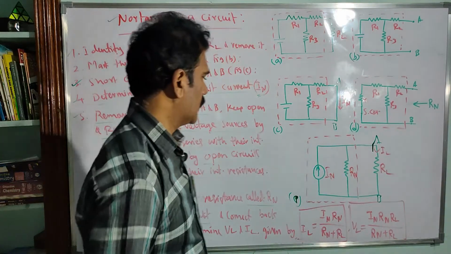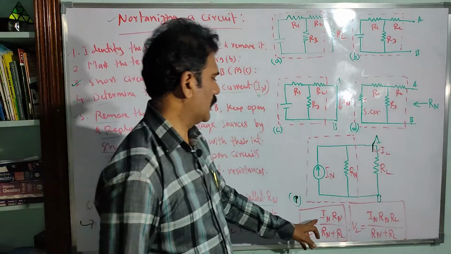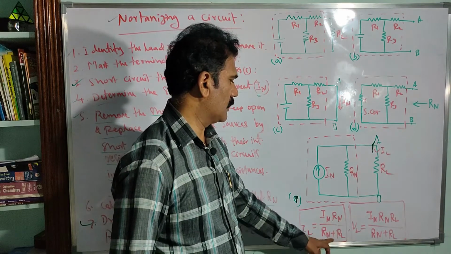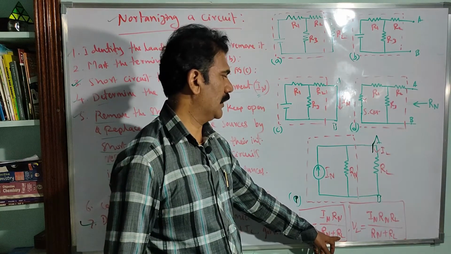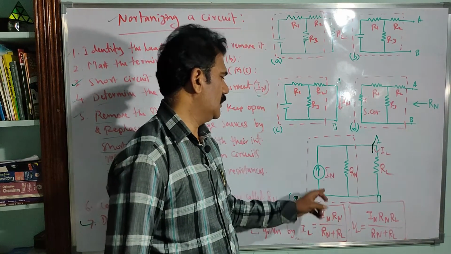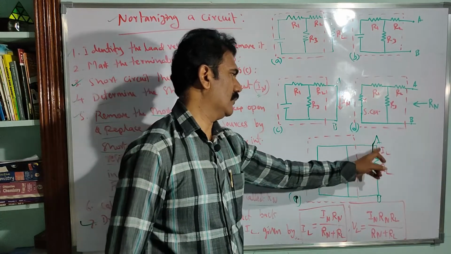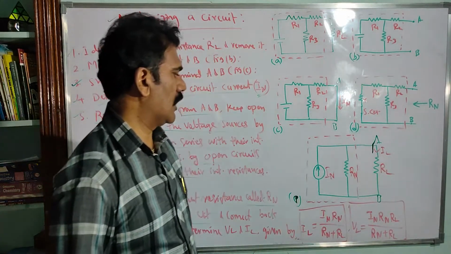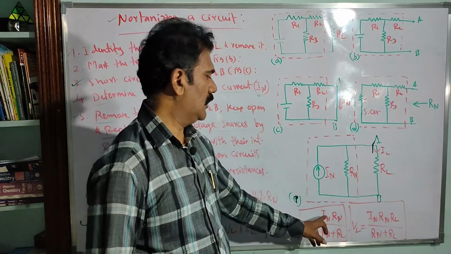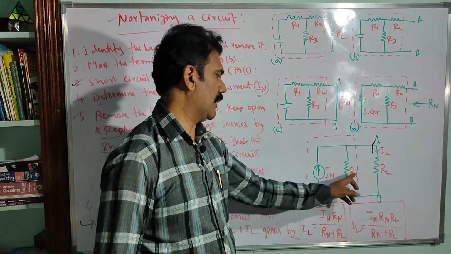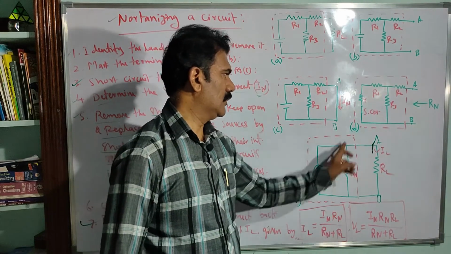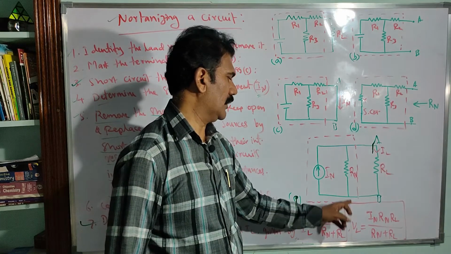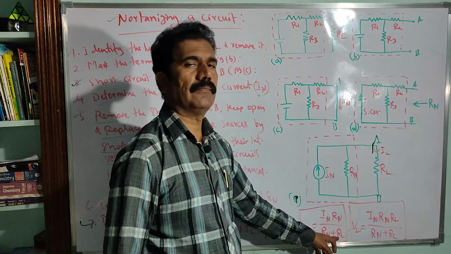The current is given by IL equal to IN into Rn divided by Rn plus RL. Because it consists of only IN and Rn, which are in parallel, the total resistance is Rn plus RL.